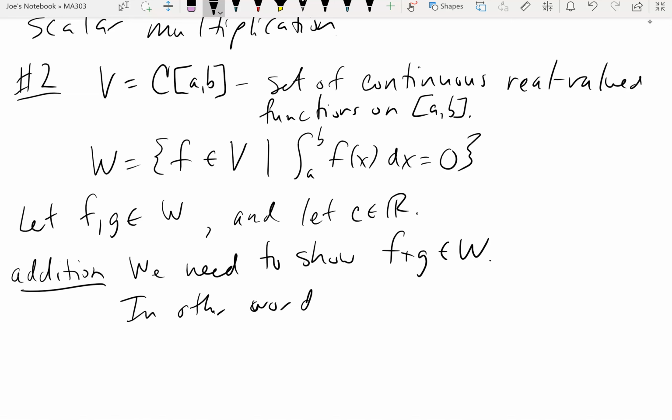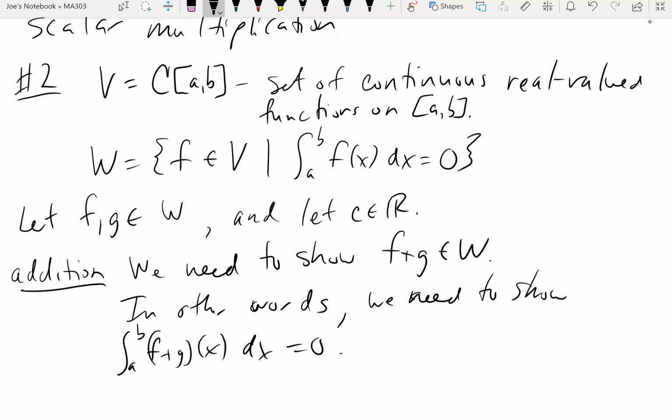Okay, so we want to show that the integral from a to b of (f plus g)(x) is also equal to 0, right? This is the defining characteristic for being in W.